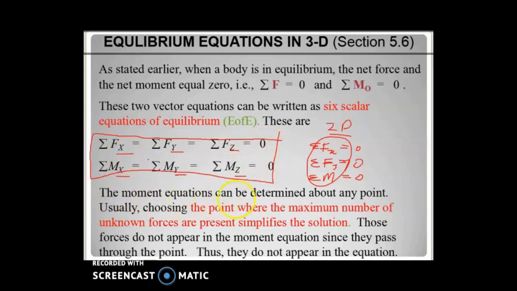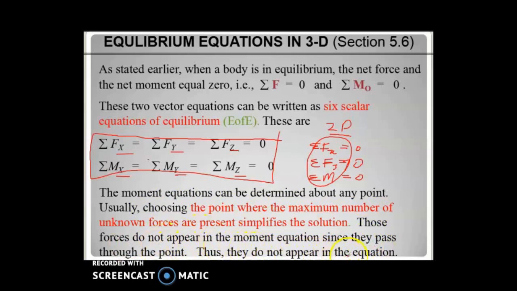Okay. The moment equation can be determined about any point. Usually, choosing the point where the maximum number of unknown forces are present simplifies the solution. Those forces do not appear in the moment equations since they pass through the point.